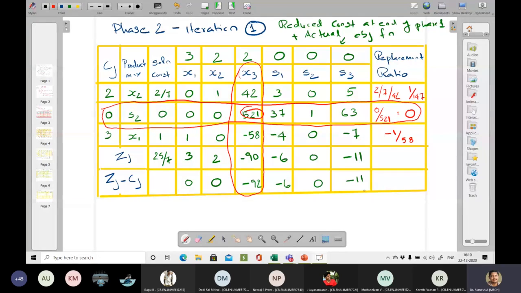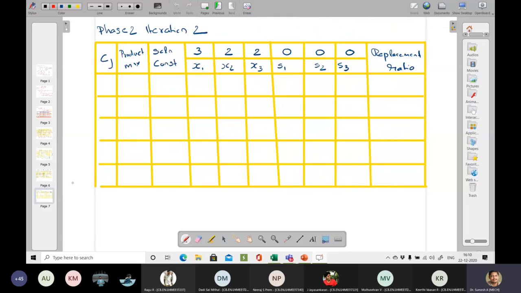First, reduce the key row by dividing all the elements by the key number. Under product mix, you will have x2, x3, and x1, where x1 is 3, x2 is 2, and x3 is also 2.